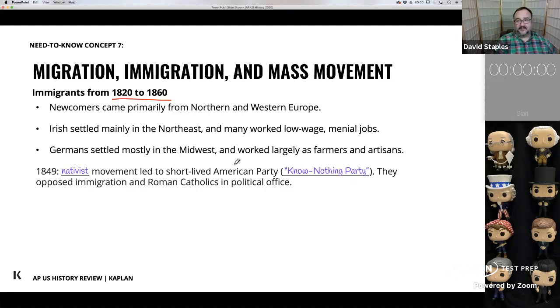And it still exists in some areas even now. Where do these people have an allegiance? Are they allegiant to the US, where they are now, or are they allegiant to the Roman Catholic Church? Do they answer to the Pope or to the president? And that was one of the big backlashes. It's one of the reasons that they were not voted into public office.